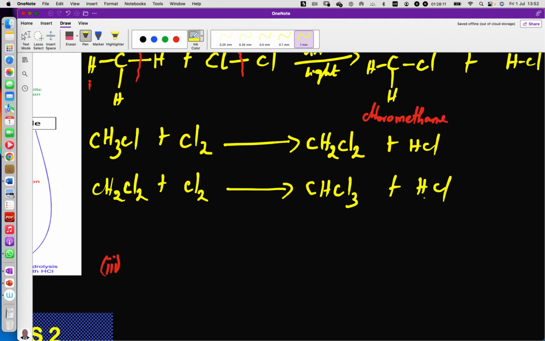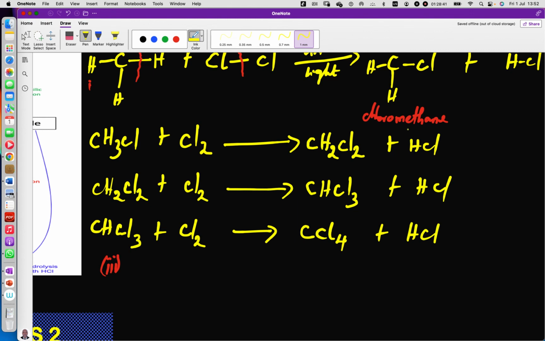Now, this one will finally react again. It will be CHCl3 plus chlorine to give what? Now, the last hydrogen is substituted. We will have CCl4 plus a hydrogen chloride.